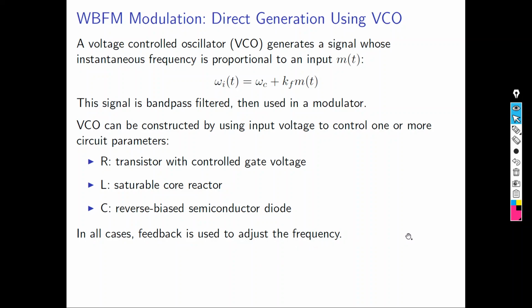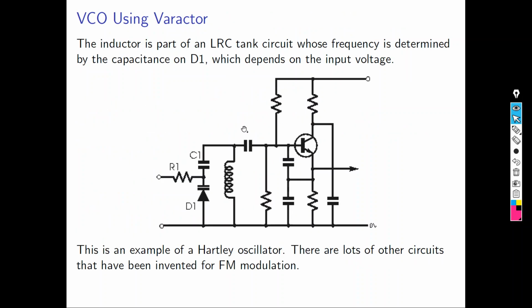So think of the voltage controlled oscillator as a modulator, because it changes the instantaneous frequency based on the message signal. And what does frequency modulation, or phase modulation, do? It changes the frequency of the modulated signal based on the message signal, m(t). So this is similar to frequency modulation, and this is the circuit that you can use in order to produce that voltage controlled oscillator.